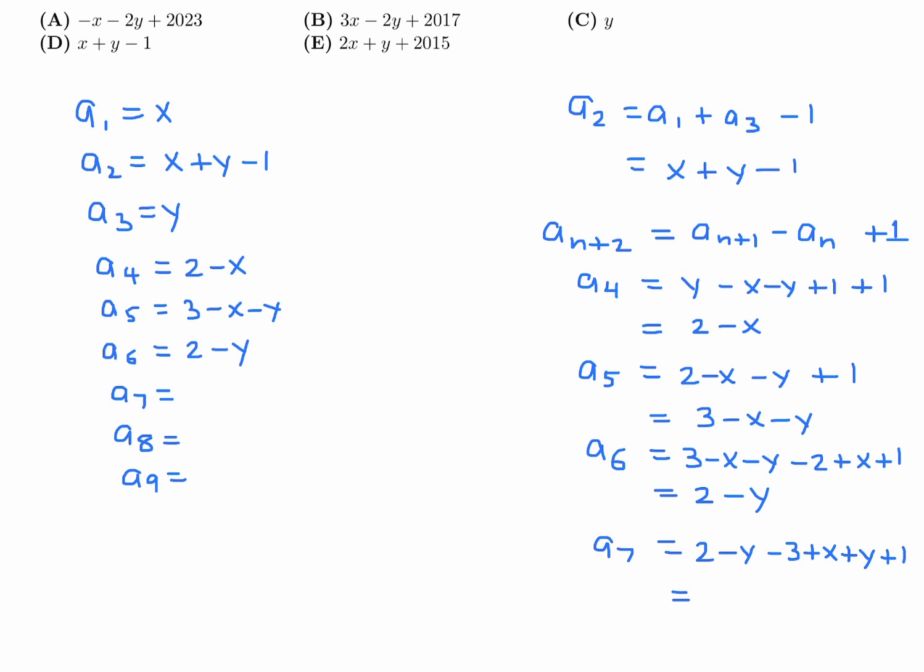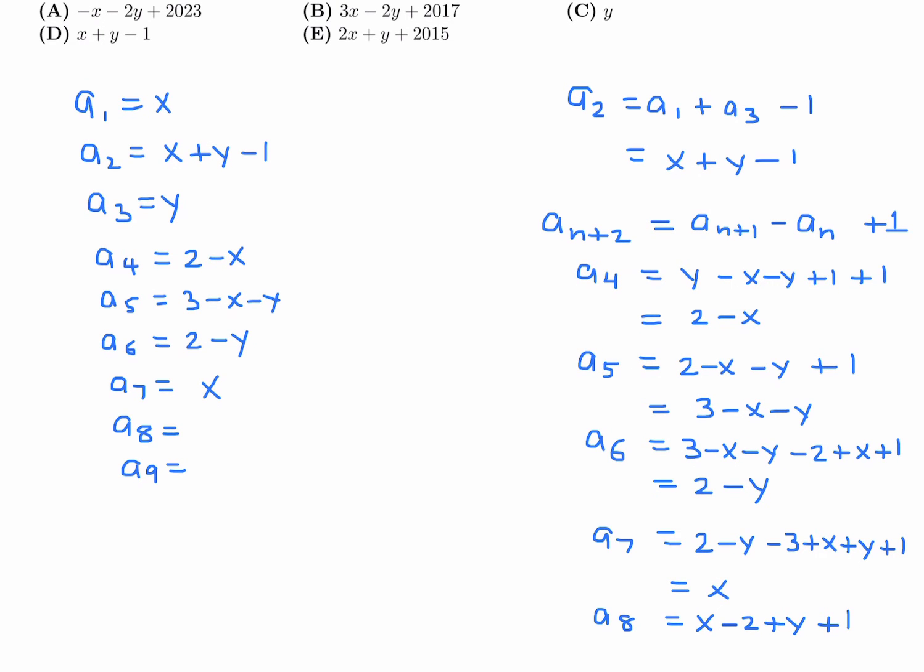And the y's cancel, so I have just x because the numbers cancel. Okay, we got x here. Let's see what happens with a8. So a8 would be x minus 2 plus y plus 1, and that is equal to x plus y minus 1.